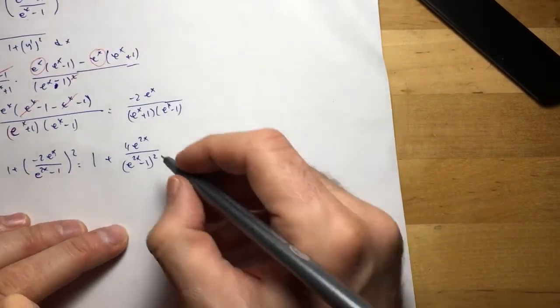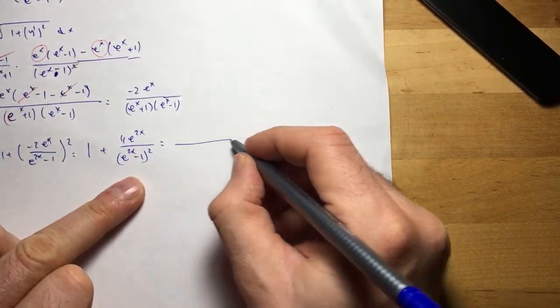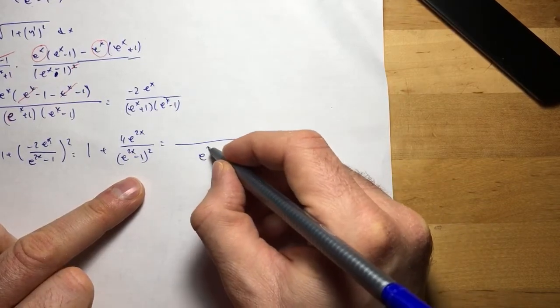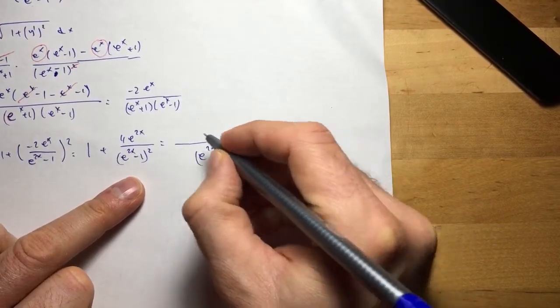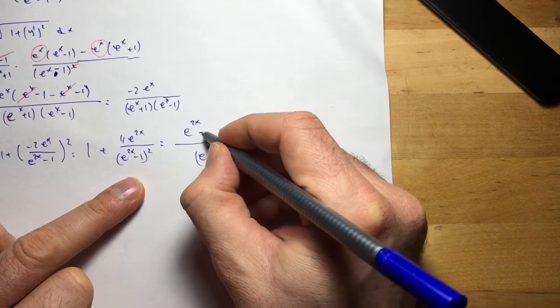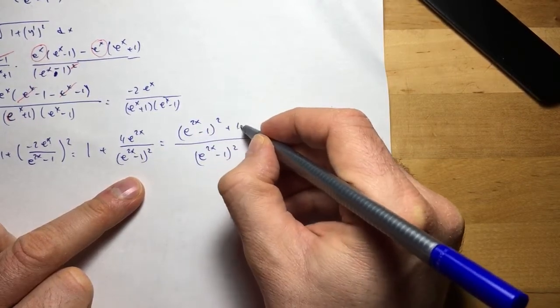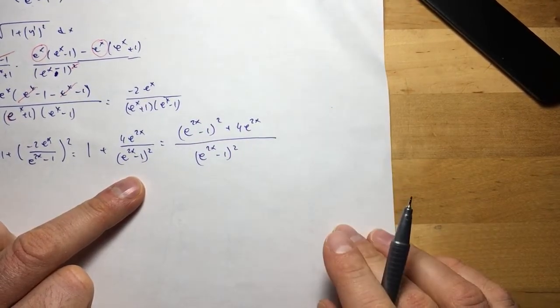Now bring this under a common denominator, that's (e^(2x) - 1) squared, and here you have (e^(2x) - 1) squared plus 4e^(2x).